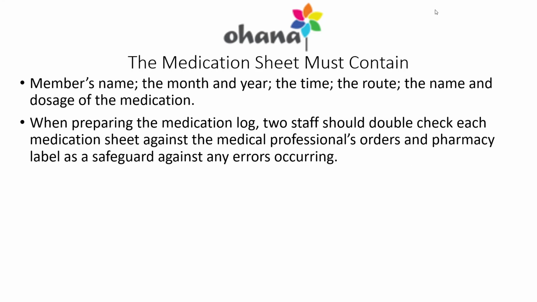So the next slide, we're going to be looking at a medication sheet. These are things that the sheet must contain: the member's name, the month and year, the time, the route, the name and dosage of the medication. When this medication sheet is prepared, 2 staff should double check each medication sheet against the medical professional's orders and pharmacy label.